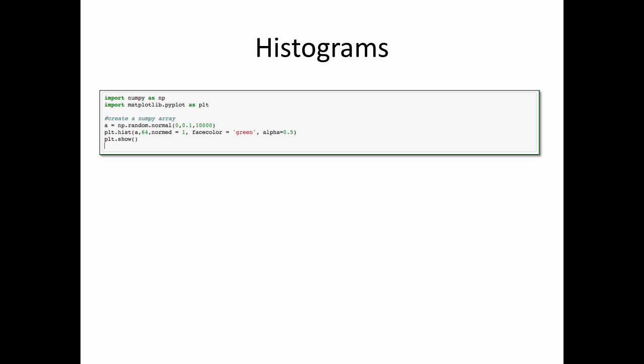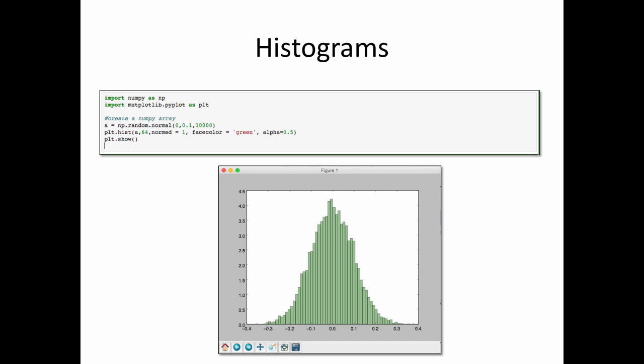And after that, I call plt.show, then you're going to see this histogram plot. Okay, so that's about Matplotlib. It is a very powerful tool. I hope you can find resources to learn more about how to do simple plotting using Matplotlib.